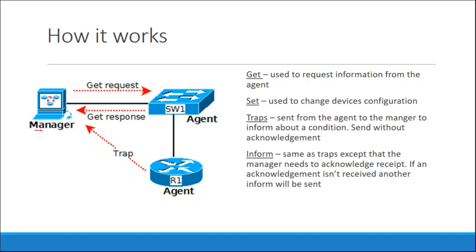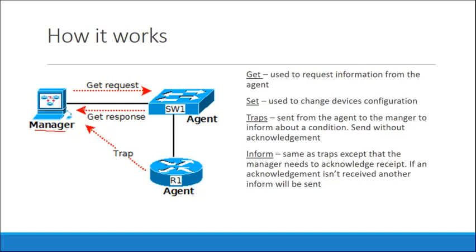So our manager, when we first configure SNMP, or when we do the very minimal of what we need to do with SNMP, will send a GET request to our agents. And then, it's requesting certain information that'll be in the MIB itself. In our case, our switch 1, which is running our agent, will then send a GET response.